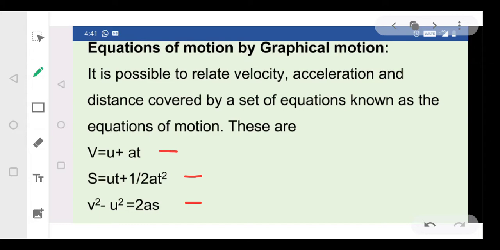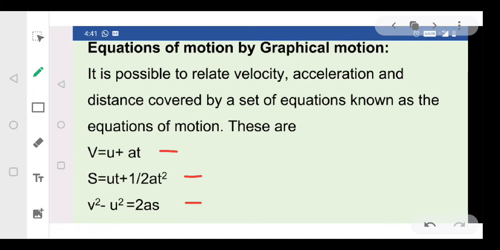So all these three equations, first of all the question is, why basically do we need such difficult and tricky equations? The answer is, if suppose a body is in accelerated motion and then we have to find out distance and speed, we cannot go by using a simple formula, that is speed is equal to distance upon time.